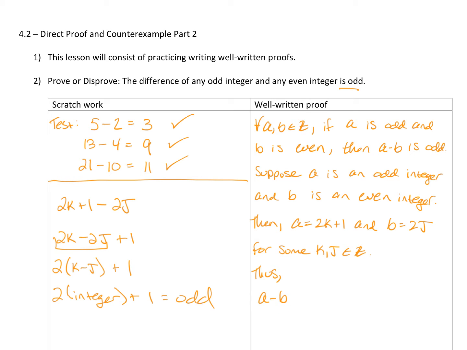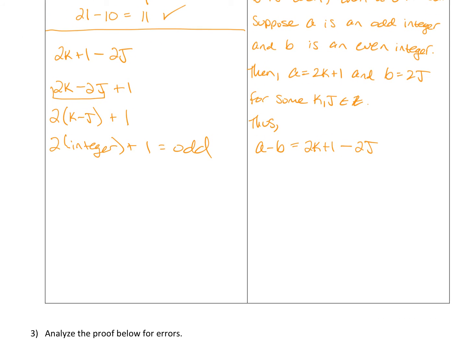So let's see what we can say about a minus b given these definitions. A minus b would be 2k plus 1 minus 2j. And then this is where the scratch work comes in, right? We've already done this bit, so I can just write out most of this. 2k minus 2j plus 1, which is 2 times (k minus j) plus 1.